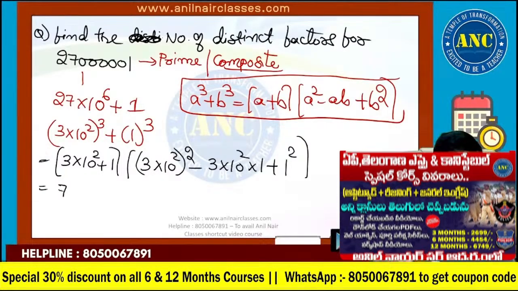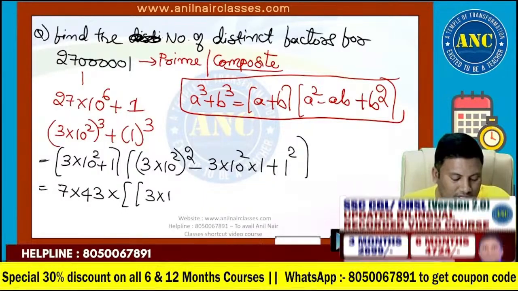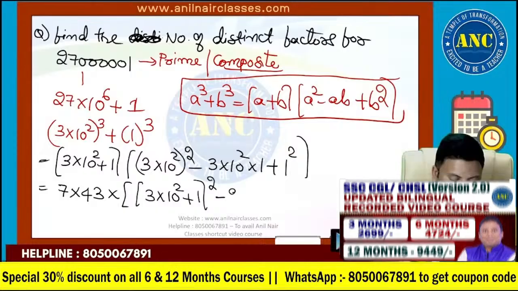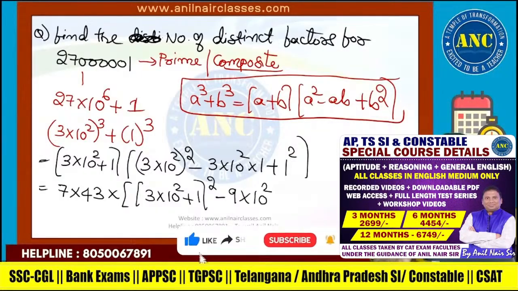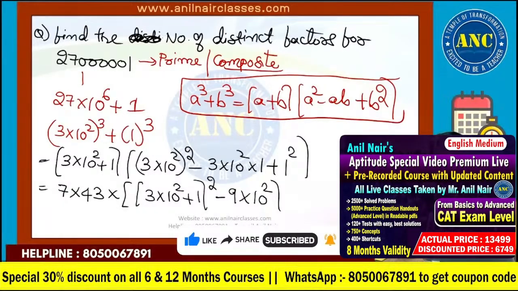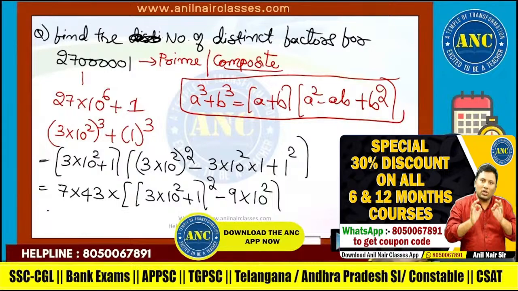These 301, already we got it as 7 into 43. This can be written as (3 into 10 square plus 1) whole square minus 9 into 10 square. Can I write like this? (3 into 10 square) whole square, 2 into 3 into 10 square, 6 into 10 square, minus 9 into 10 square, which is minus 3 into 10 square.